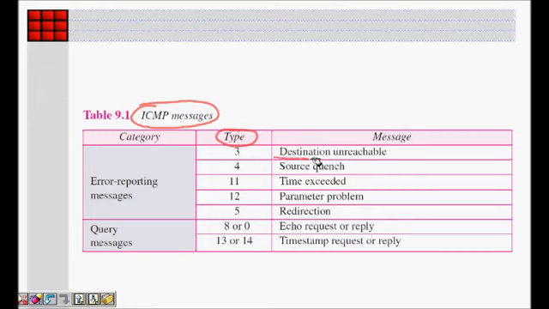For example, destination unreachable: some router will tell you that it cannot reach the destination. This is an error message sent to the source of the packet. Then there is source quench, and time exceeded. All these we will learn very soon. Then you have query messages like echo request and timestamp request.